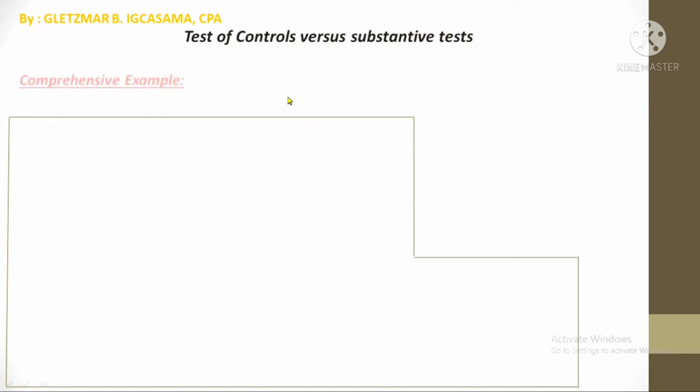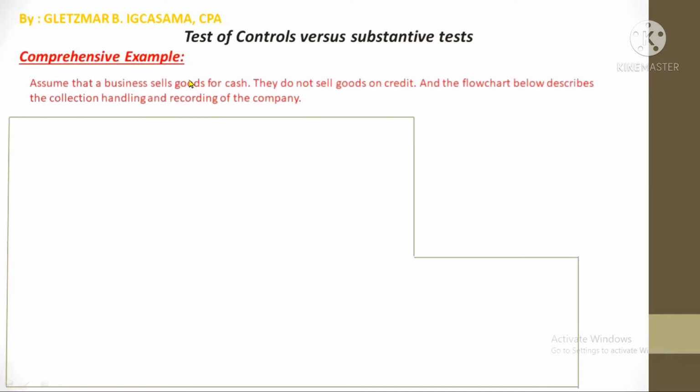And you need to assume that you are an auditor of a business that sells goods for cash. And for simplicity purposes, assume they do not sell goods on credit. And according to here, the flowchart below describes the collection, handling, and recording of the company. But I cannot present you the whole flowchart yet.